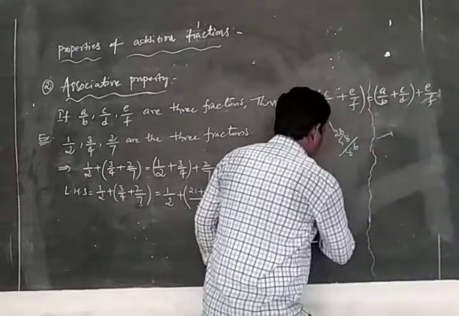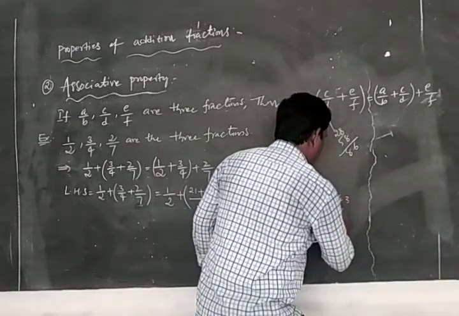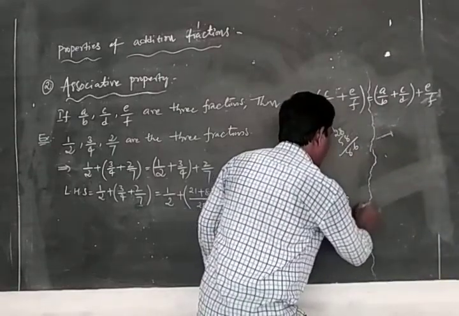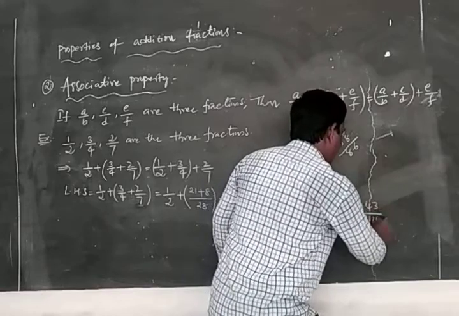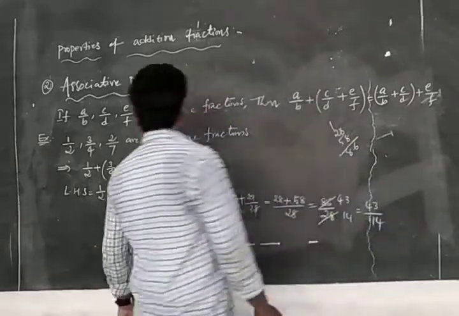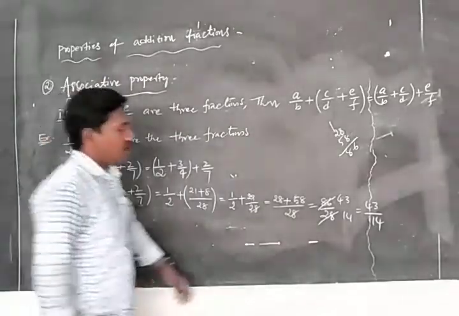Which table? Two table, 43 and 28. That means 43 by 28.